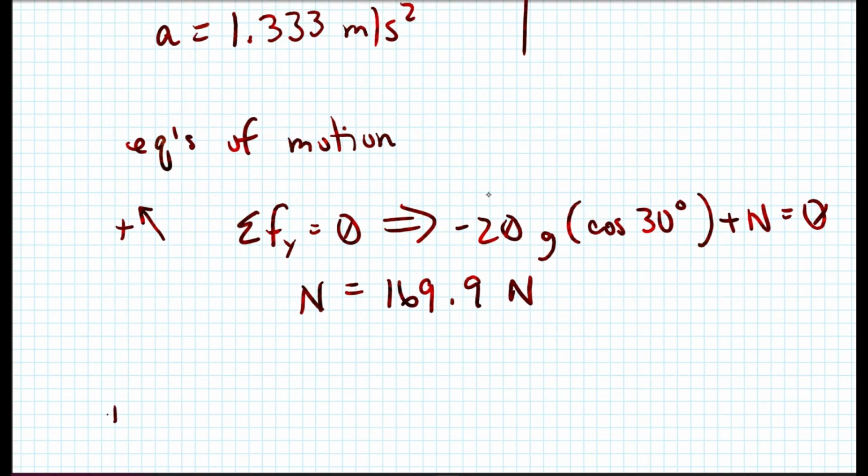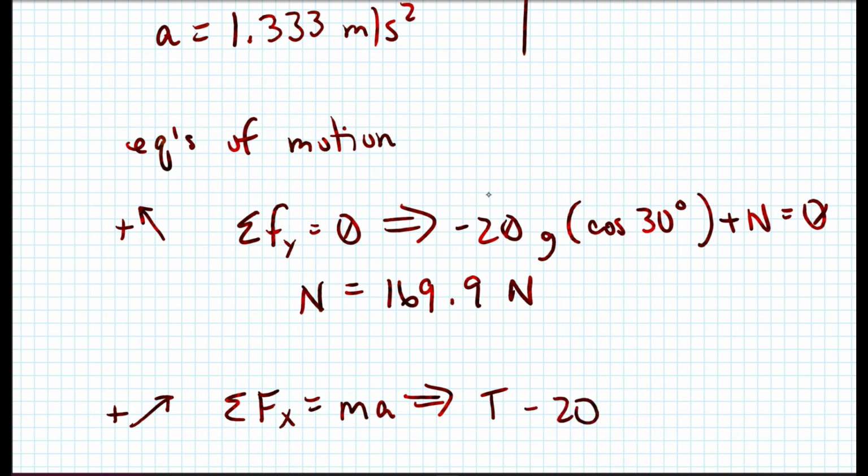Alright, and then we'll sum up the forces in the x, and it's in that direction according to what we've drawn. So sum of the forces in the x. Alright, so for us that's going to be T minus, that's the minus 20, right?